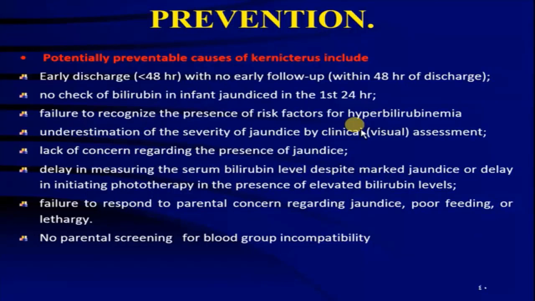Delay in measuring serum bilirubin level despite marked jaundice, or delay in initiating phototherapy in the presence of elevated bilirubin. Failure to respond to parental concern regarding jaundice, poor feeding, or lethargy. No prenatal screening for blood group incompatibility. All these are preventable causes of kernicterus.